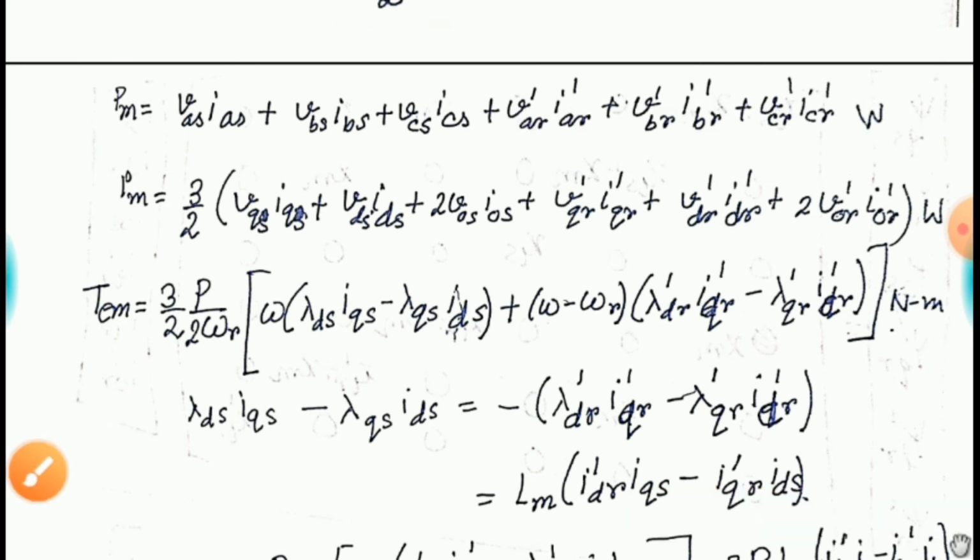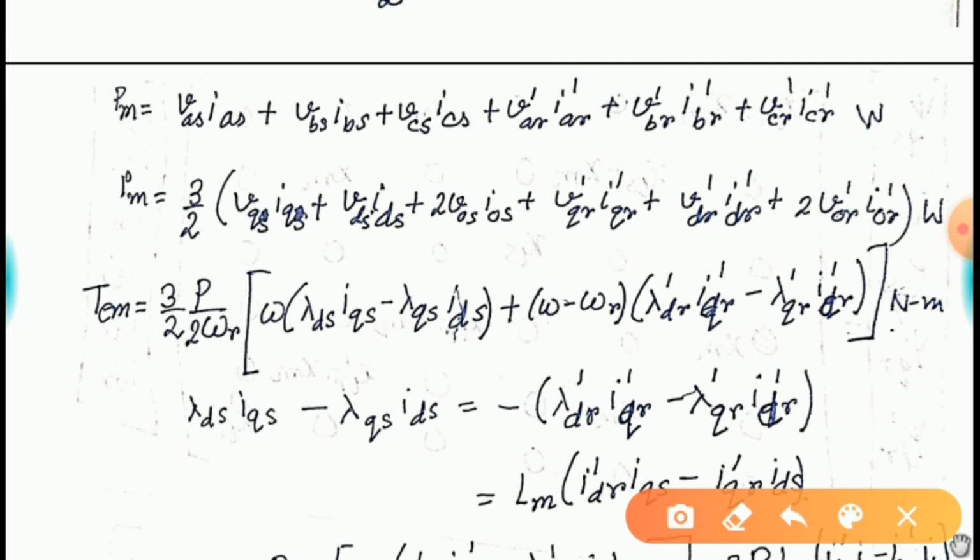But as we do not know whether our machine is a squirrel cage or slip ring induction motor, that is why we need to consider the last three terms of the first equation. Unless we consider them, that type of analysis will be limited to squirrel cage induction motors.